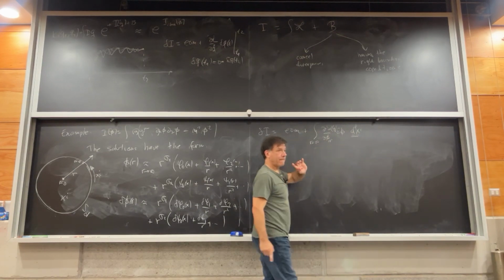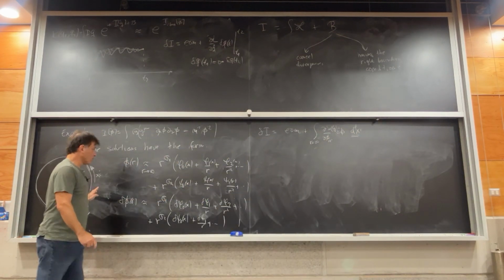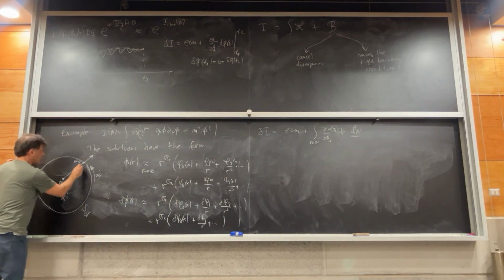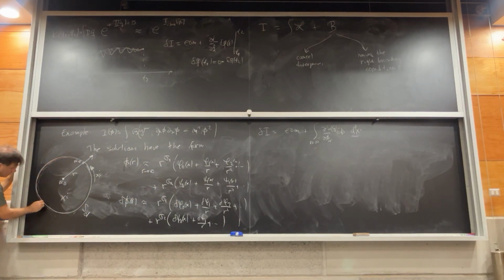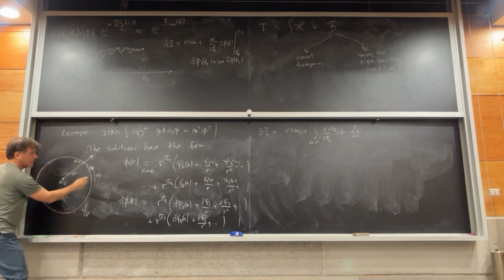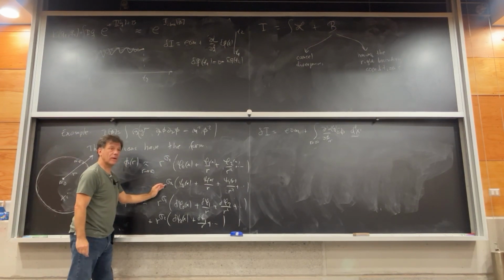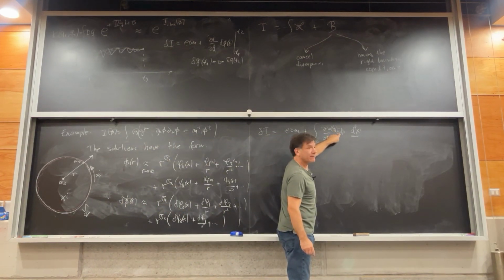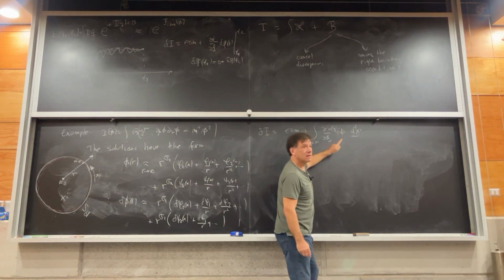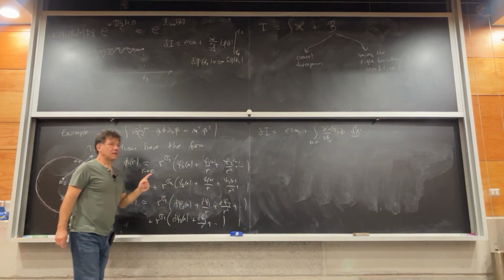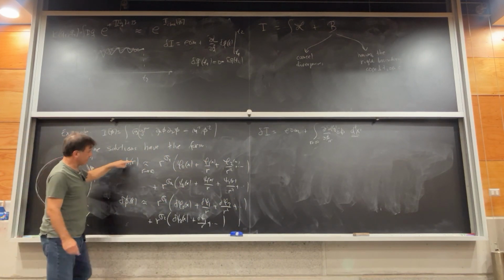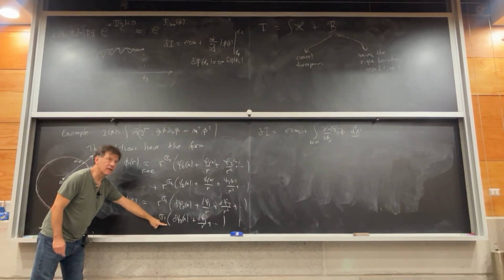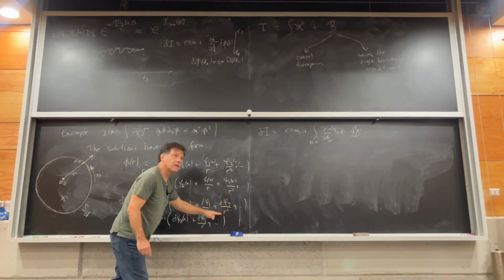Okay, but when you did the variation in the second line, you skipped the variation of the R term. I'm saying that very, very far away, the field will behave in this way, but in the boundary domain, I don't only have the field, I also have delta, the variation of the field. So if the field behaves in this way, the variation of the field will behave exactly the same way, but with different coefficients.